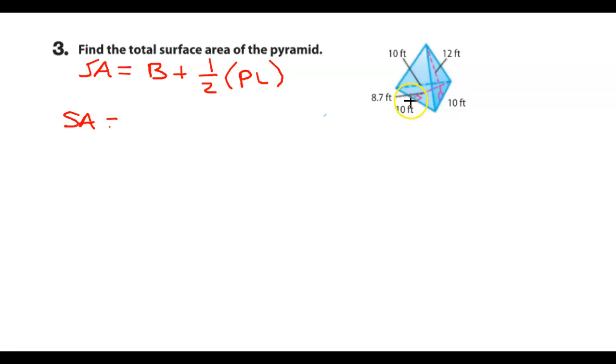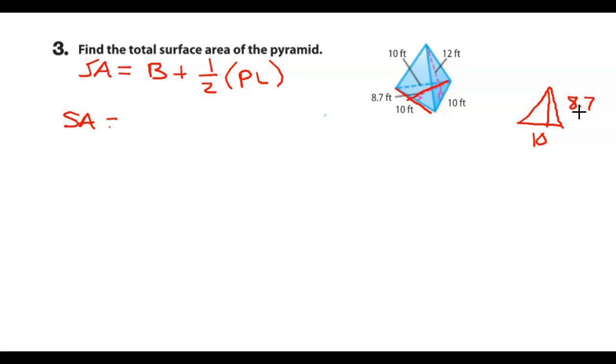So what we want to do is this would be the base of it, this 10. Looking at a triangle that was like this. This is what I want you guys to imagine in your head. This is 10, and the height of the triangle is going to be 8.7.